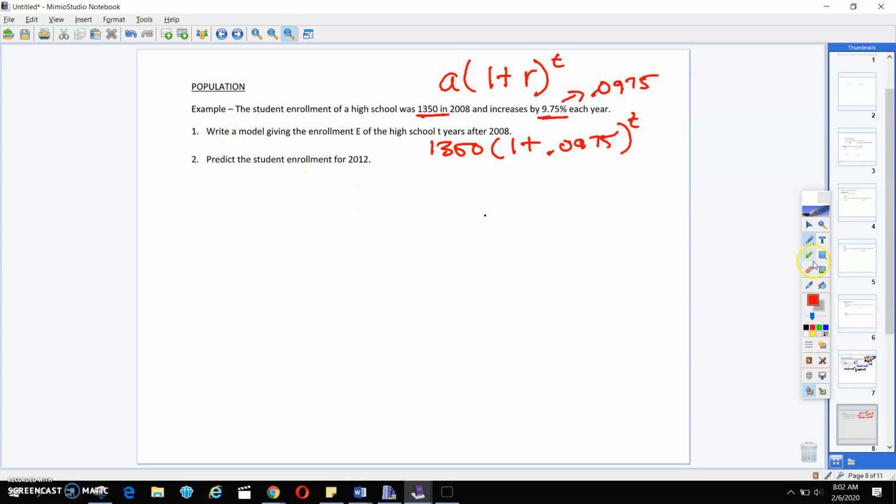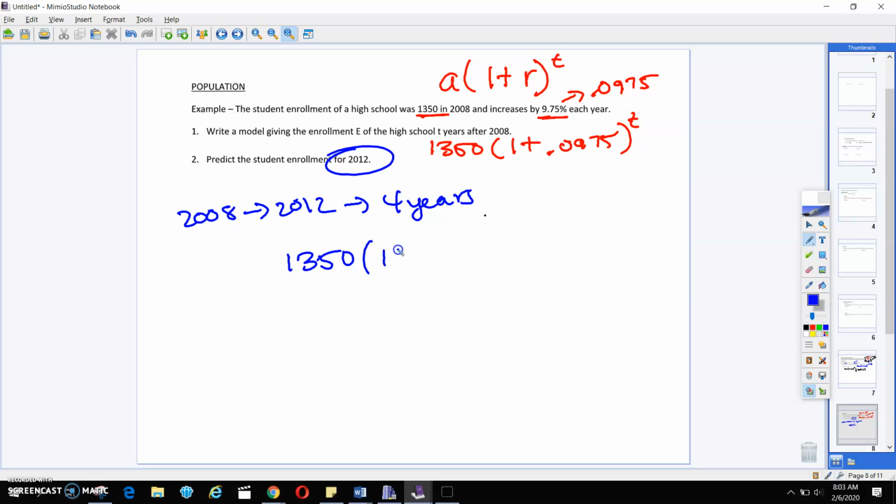So then it says predict the student enrollment for 2012. Now we went from 2008 to 2012. How many years is that? 4 years, right? So what we're going to do is take 4 and plug it in for t. So we're going to do 1,350 times 1 plus 0.097, and we're going to raise that to the 4th power.